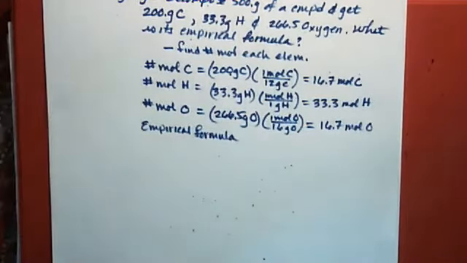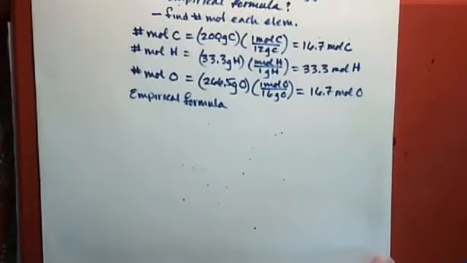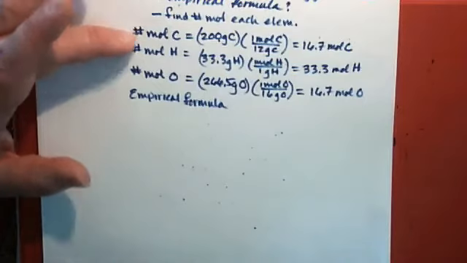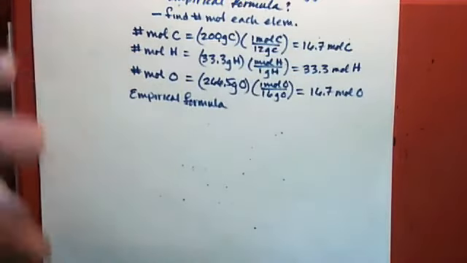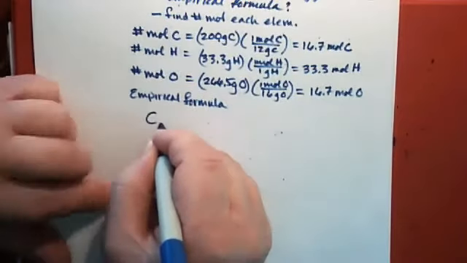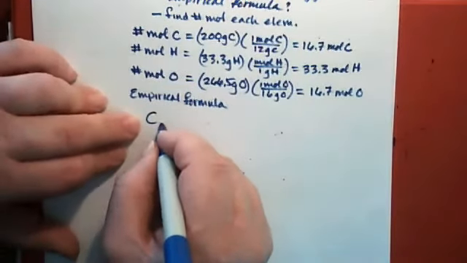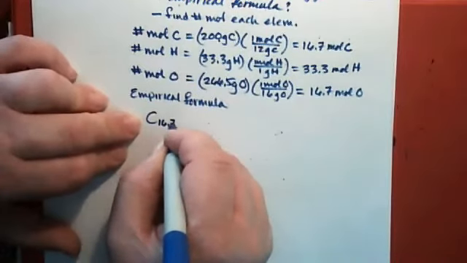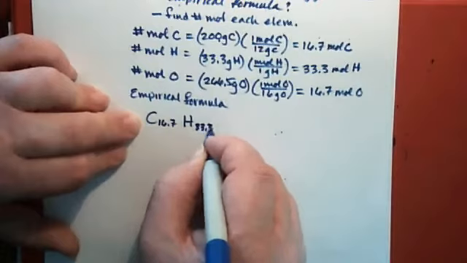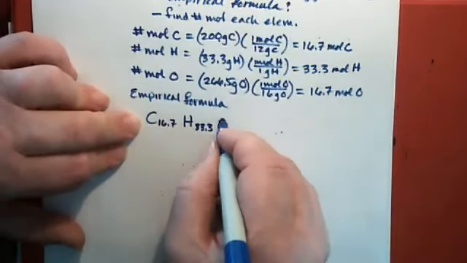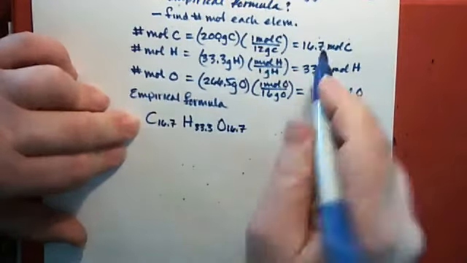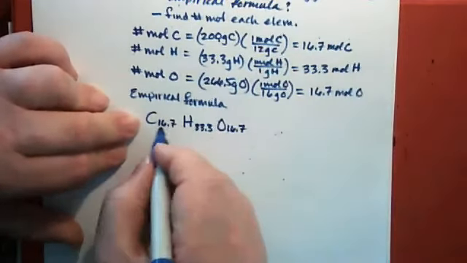Now, what you need for the empirical formula is just a formula that gives the relationship between the relative amounts of carbon, hydrogen, and oxygen. But you need that to be in whole numbers. So what you do is you take the number of moles of each element that are reported here and divide by the smallest of them. And here, 16.7 is tied for the smallest.